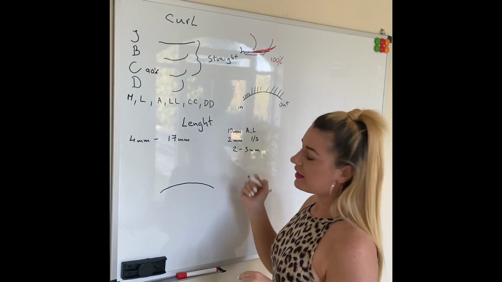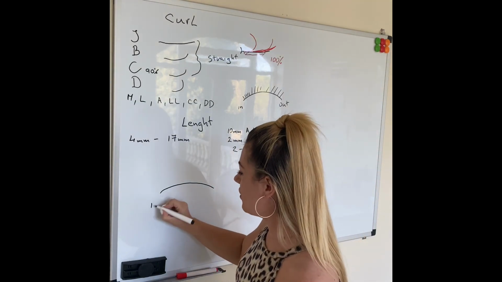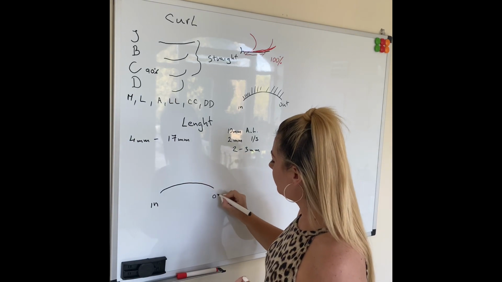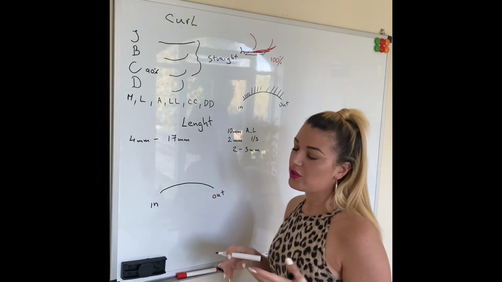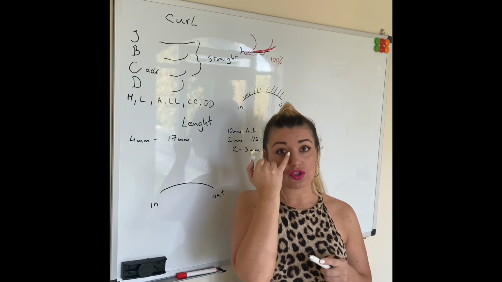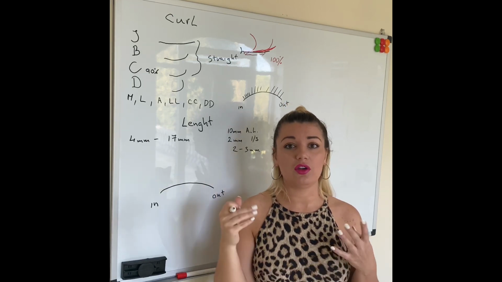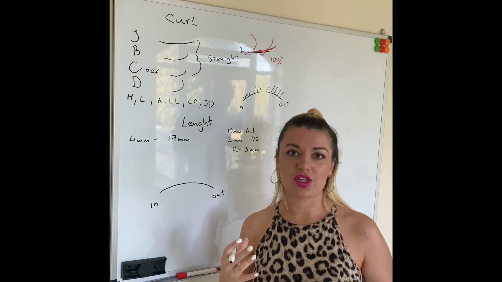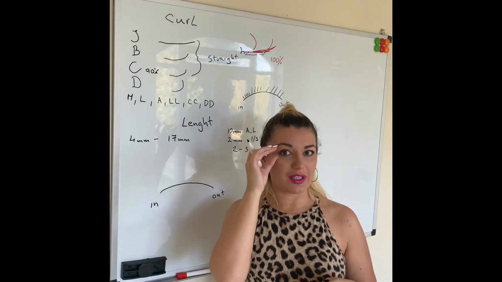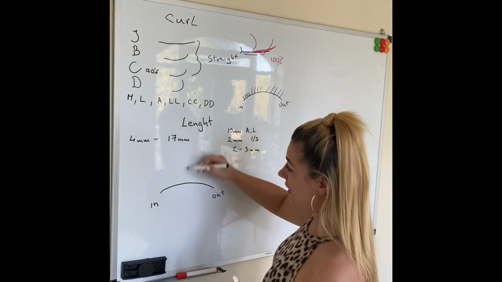Every single person has got different lengths of lashes. When you're doing your mascara, you probably notice that in the inner corner you've got really short lashes, and then most people have the longest natural lash right in the middle. Some people are really lucky and have really long lashes in the outer corner, but on average the middle part is the longest.